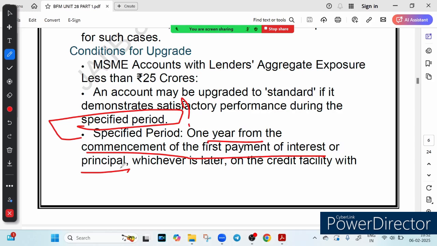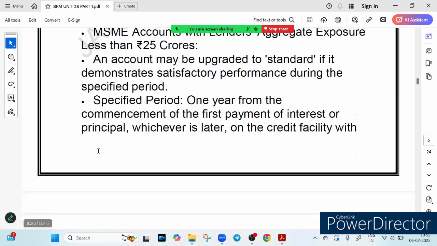So it is based on those loans with the longest moratorium period. Understood? So these are the rules for MSME accounts with lender aggregate exposure less than 25 crore. So the account can be upgraded to a standard account, but it must demonstrate satisfactory performance during the specified period. And what is the specified period? 1 year from the first payment of principal or interest, right? This is the condition.